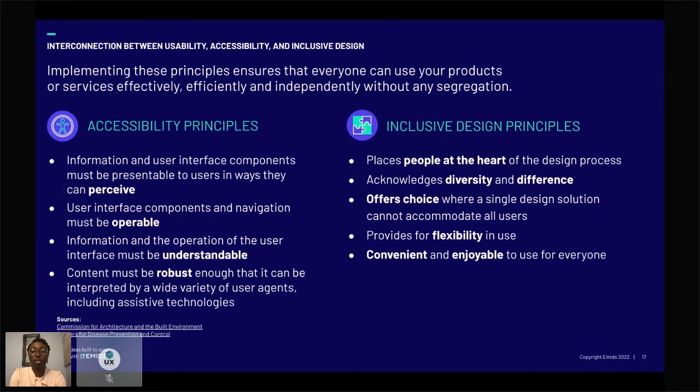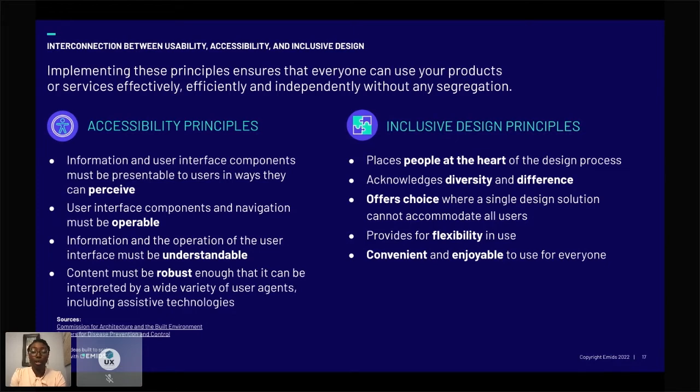Can users perceive the information and content of your product, of your website, of your application using different senses, whether through their auditory senses or through visual or through touch? Can they perceive correctly the information and interface, and interact with it using these different senses?